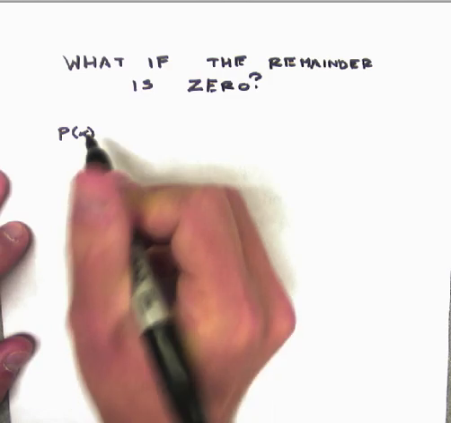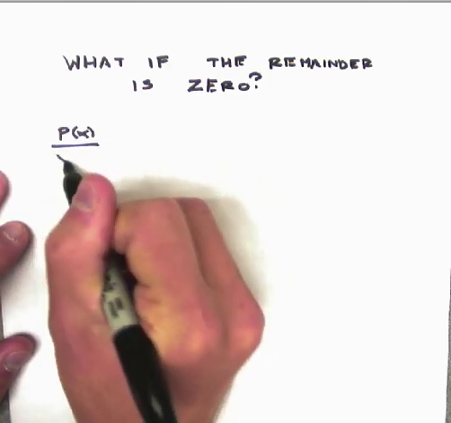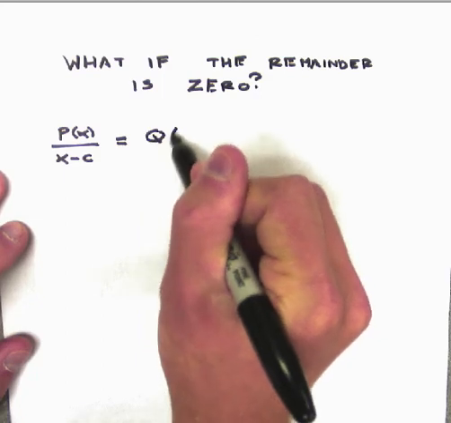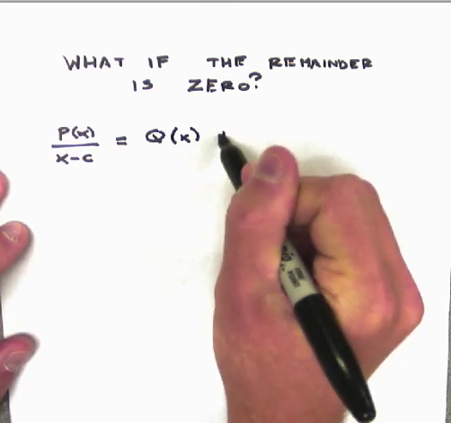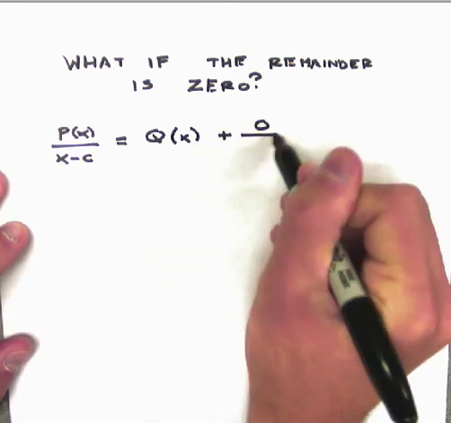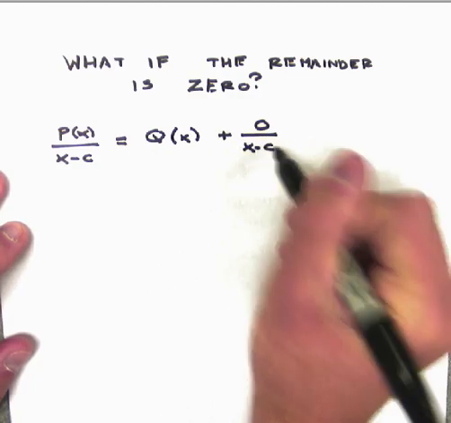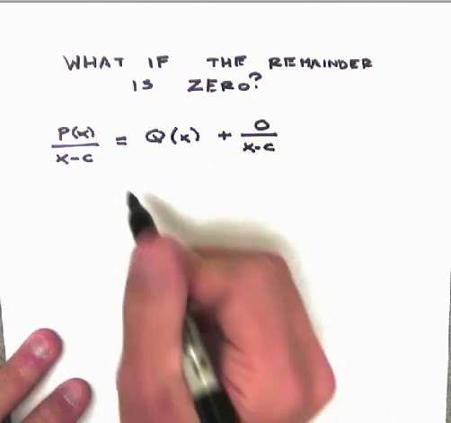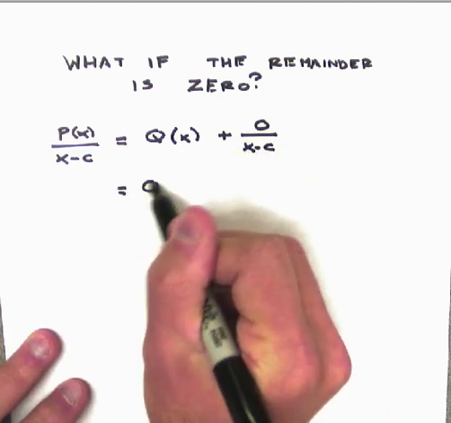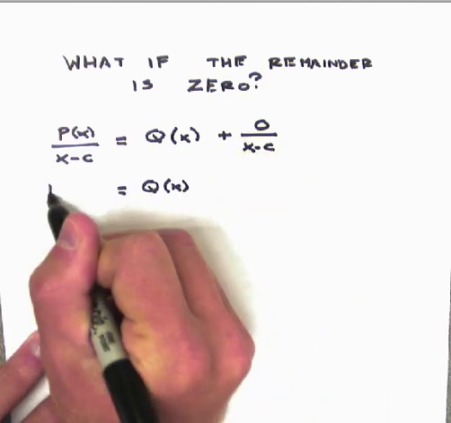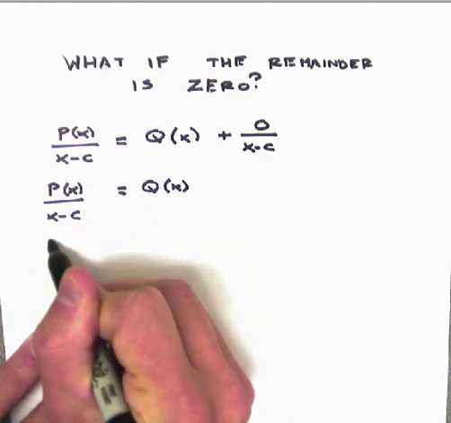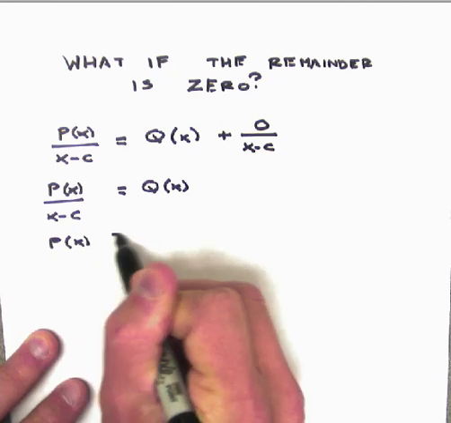If we take a polynomial p of x and divide it by x minus c, we get q of x plus my remainder, 0, divided by x minus c. This term is 0, so I don't have to worry about it. So p of x over x minus c equals q of x, and I'm going to multiply both sides by x minus c.